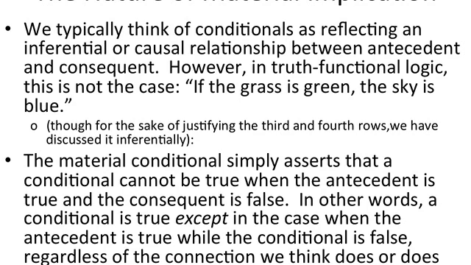And that's because there is the commitment, based, as we'll see in just a moment, on the idea of validity, to the view that the only time that the horseshoe is false is when the antecedent's true and the consequent is false.